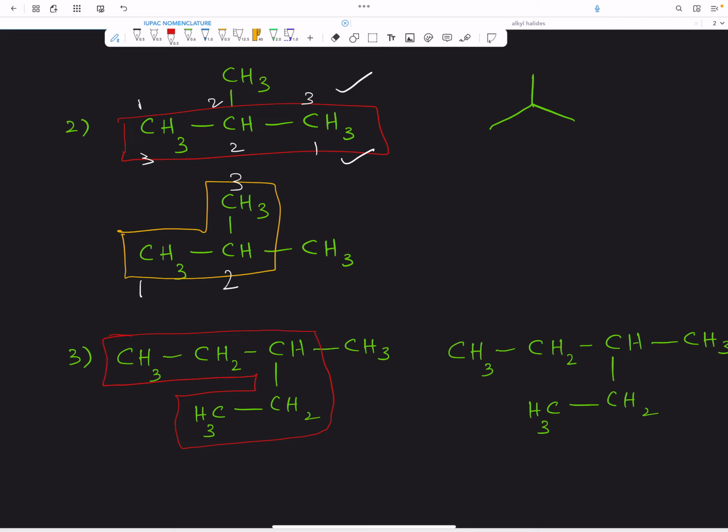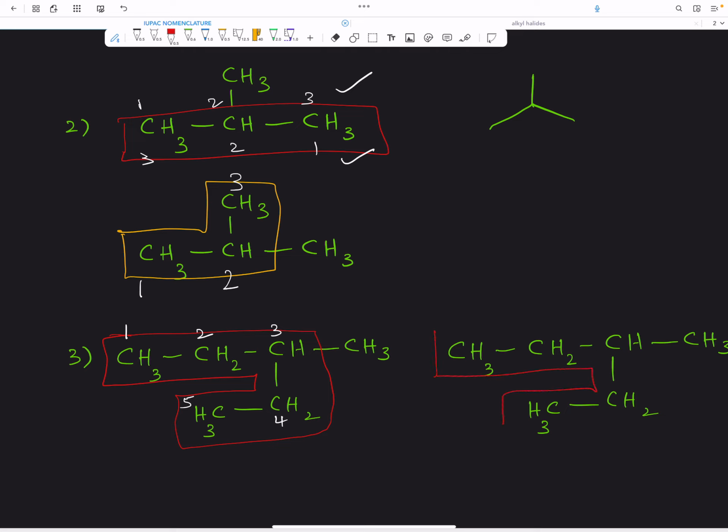Now, let us start giving numbering starting with this carbon 1, 2, 3, 4, 5. Therefore, methyl group got the locant number 3. Now, let us give the numbering in opposite direction.